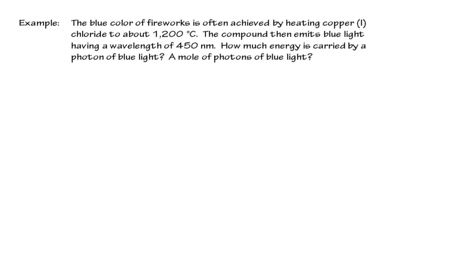Okay, so here's the equation that I eventually want to use. Delta E, change in energy, equals Planck's constant times the frequency, just that Greek symbol nu. So I know Planck's constant, I can look that up, but I'm not given the frequency, I'm given the wavelength.